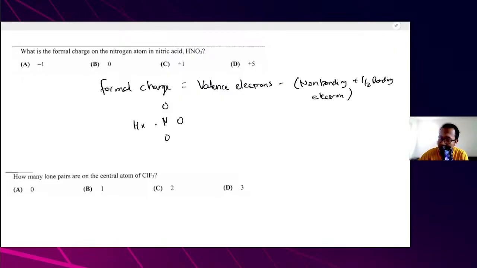N has 5 valence electrons, so put 5 over here, here, and here. O will be 6, right?